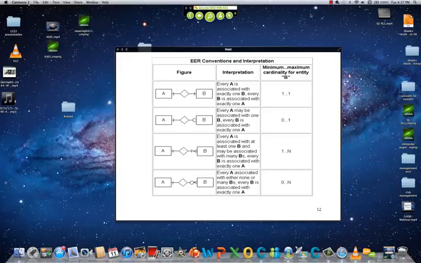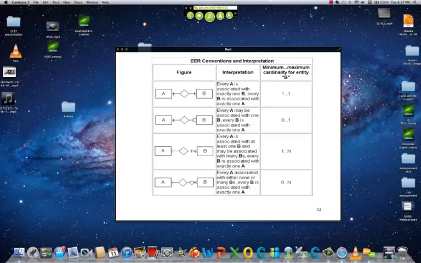Finally, optional many. Okay, so how do we read this? Yes, exactly. Every A can be associated with either no B or one B or many Bs.